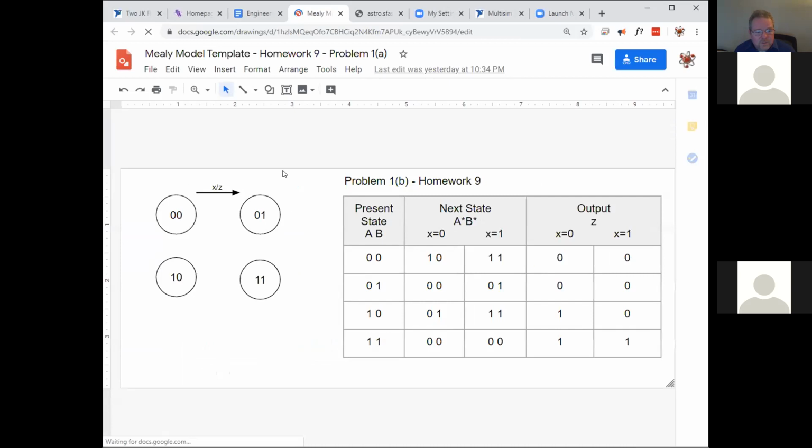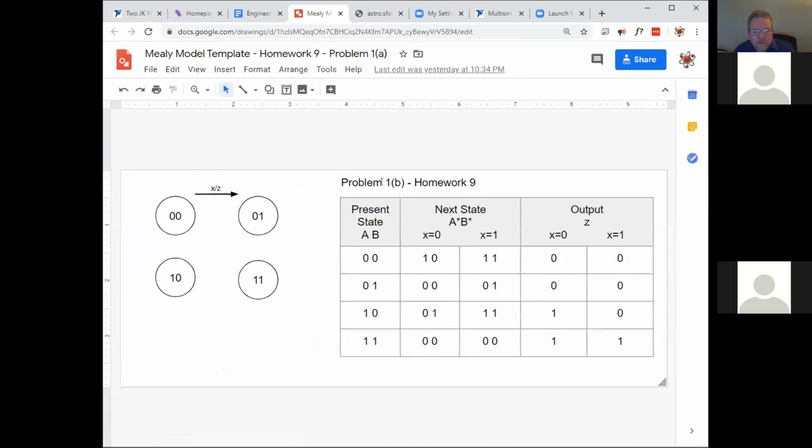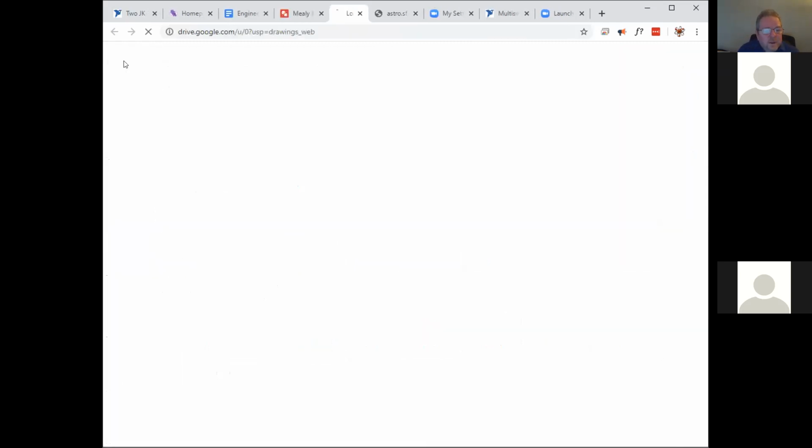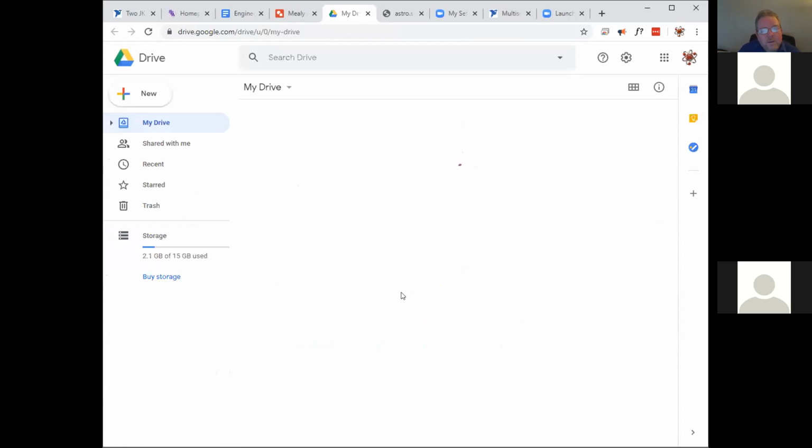So here is our typical template that we use. This is actually 1B. Wait, this should be 1A, right? Yeah, look at that. That's the wrong one. All right, so let me see if I can correct that because that's not right. It should, because you notice there's no X's in here. I think I put the wrong link in there. So let me fix that. Probably can go back over here to find the proper link.